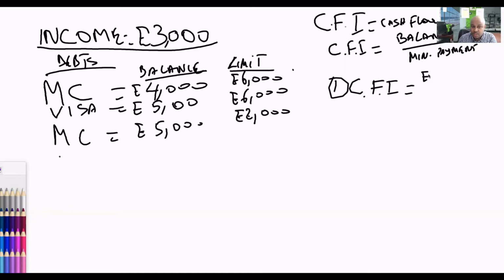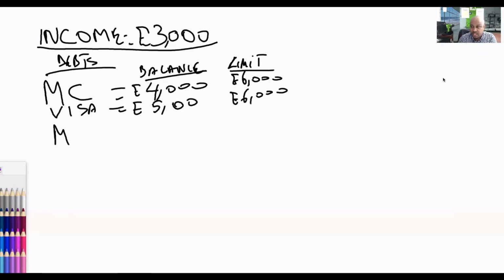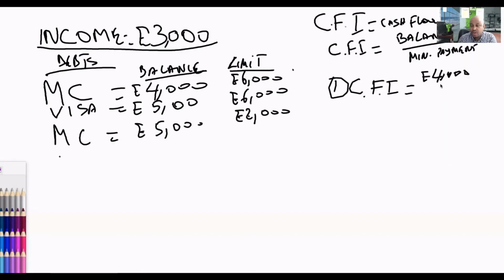We don't know the minimum payment for now, but we're going to assume that this person is paying a minimum payment of £40 per month. So the cash flow index number in this scenario is going to be 100.